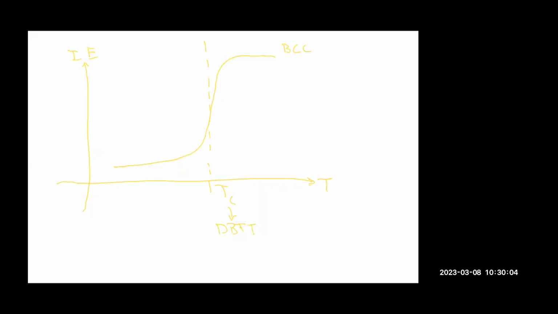And we have some transition from brittle to ductile region. Basically, BCC materials like tungsten or BCC iron show ductile behavior at these temperatures, but before this critical transition, they show brittle behavior.